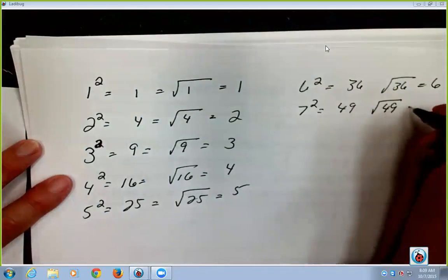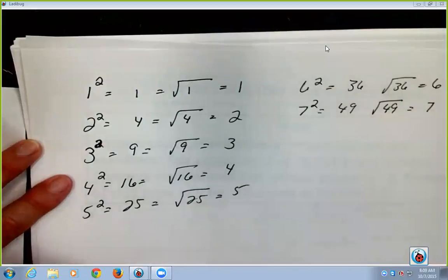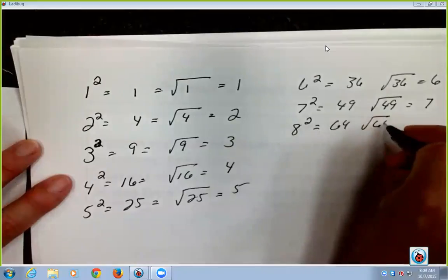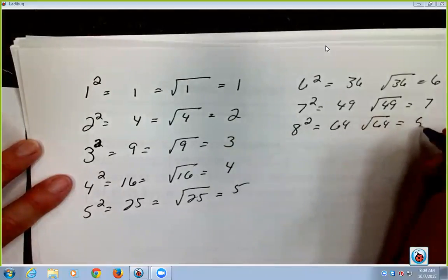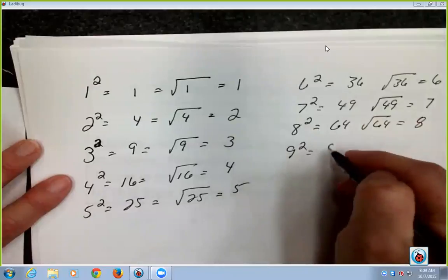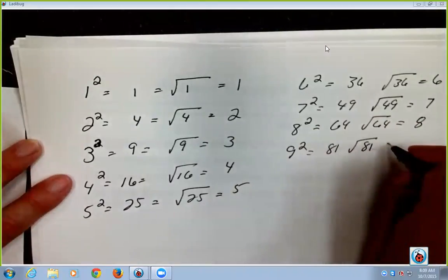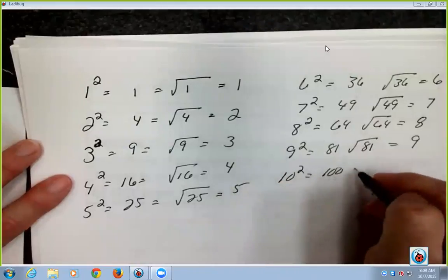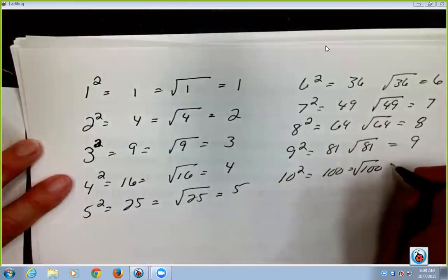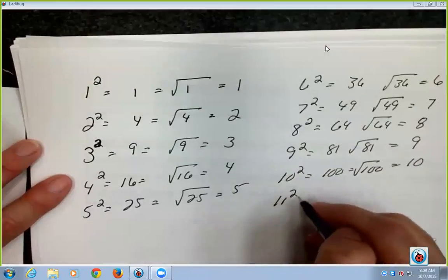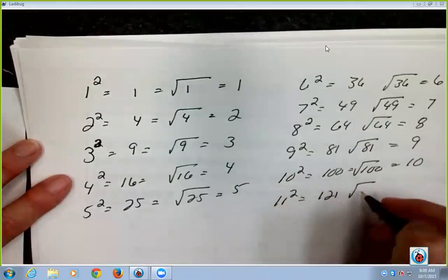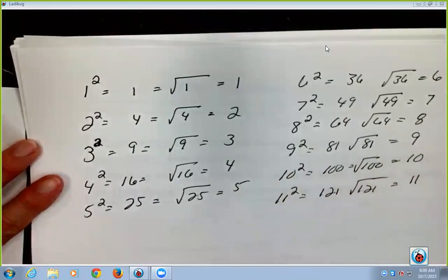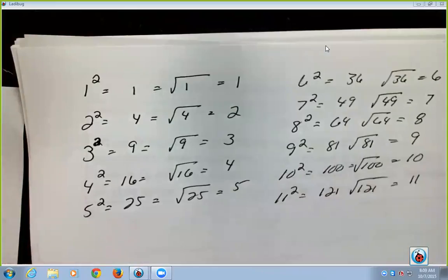These again are all of the middle pieces of your multiplication table. And then also 9 squared is 81. The square root of 81 is 9. And if we did 10 squared, the square root of 100 is equal to 10. 11 squared is 121, and the square root of that is going to equal 11. And we of course could keep going on and on with these.